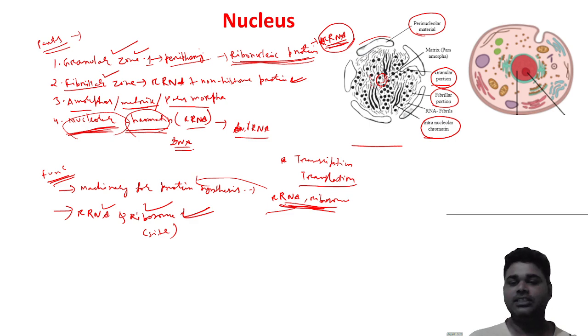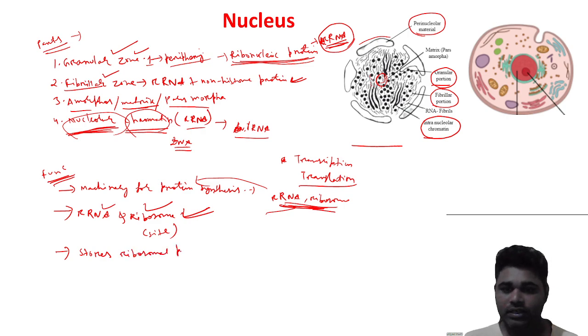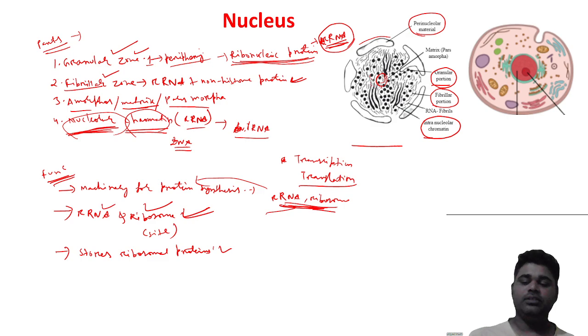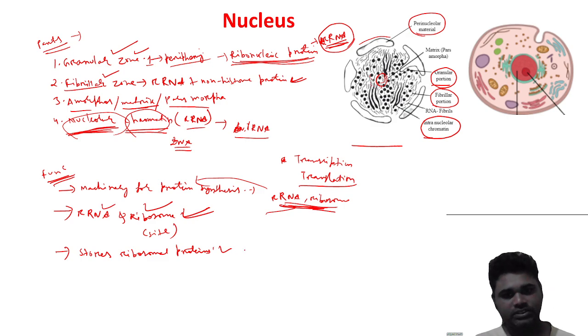So it is the site of rRNA and ribosome synthesis. The third function is that it also stores ribosomal proteins. Okay. So these are the main functions of the nucleolus.